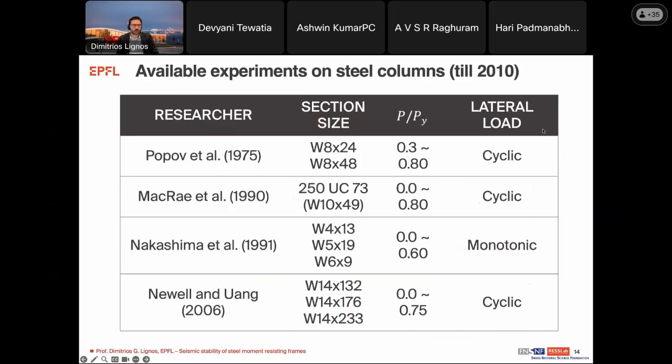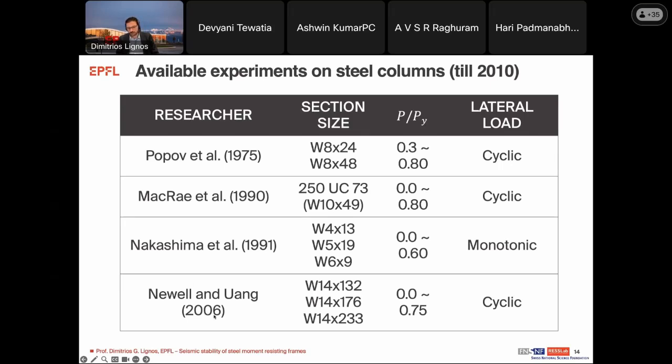Now, when we started this project about, I would say, 14 years ago, we reviewed the available experiments on steel columns, and we surprisingly found out that most of the tests that had taken place till then were in fact on sections that were either very small and essentially you practically never use, such as the test done by Professor Popov in 1975, or the ones done in New Zealand by Professor McRae, or the ones done in Japan by Professor Nakashima.